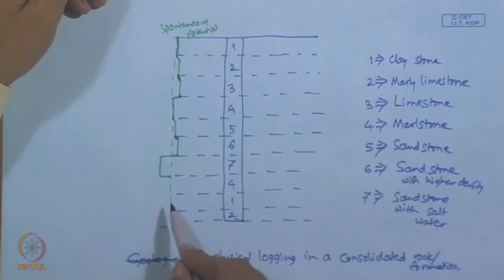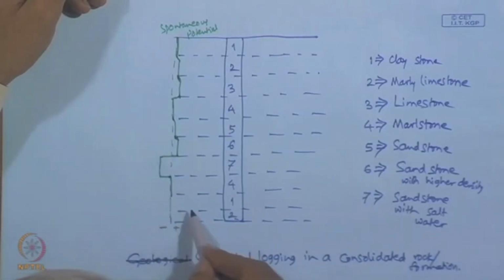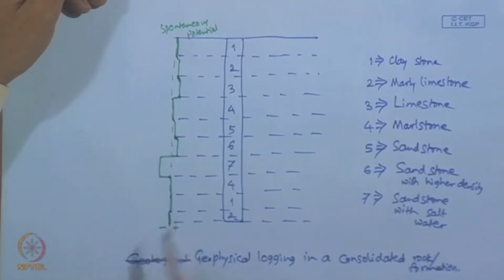Then 4, that is marlstone, has negligible spontaneous potential, then claystone also has negligible potential. Lastly, it is sandstone with salt water, which again has a slightly negative but negligible potential. The second one is the marly limestone. So, this is the variation, this is the geophysical logging in terms of the spontaneous potential.